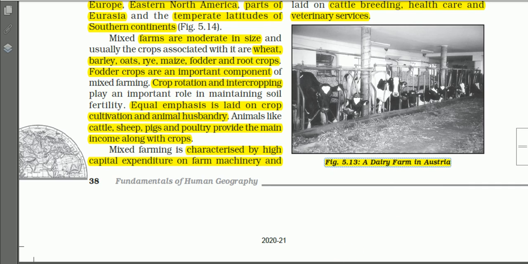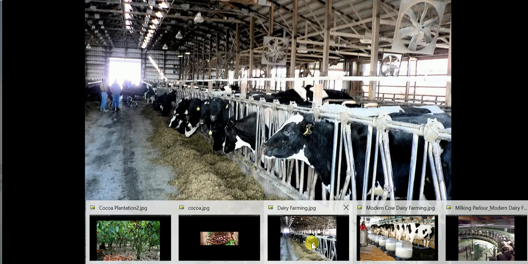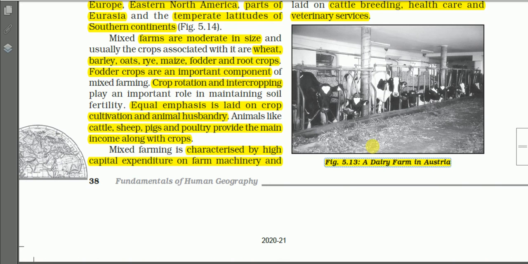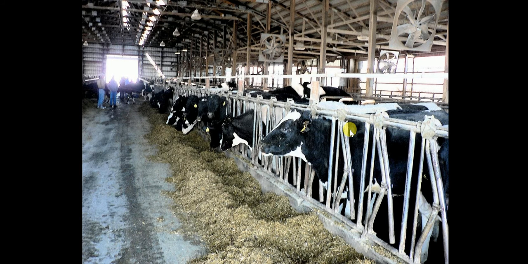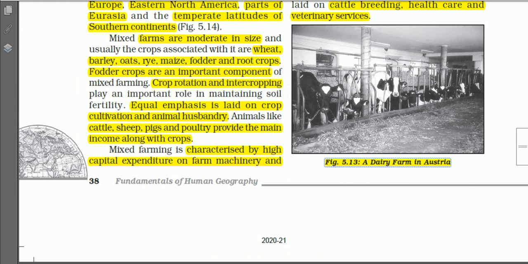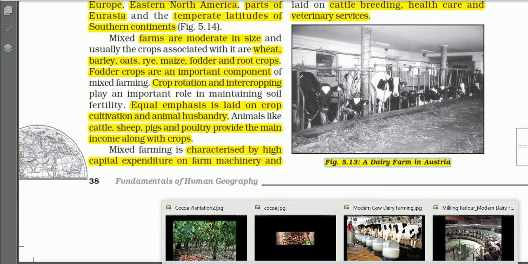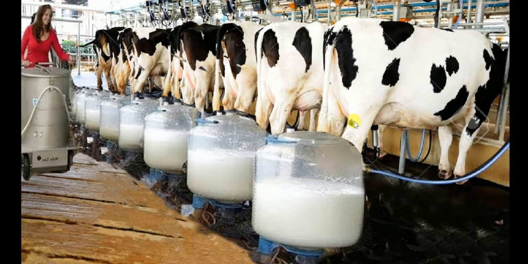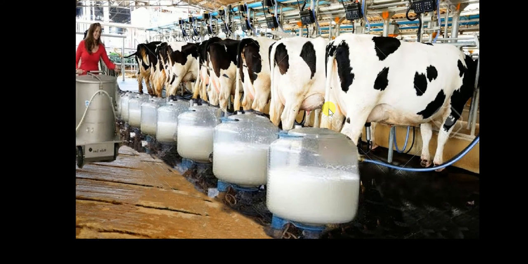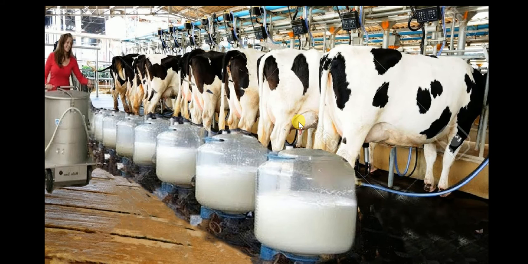And we have some more photographs here. This is also a scene of dairy farming. And some more photographs. This is the milking process, actually done by machines, not by hand.